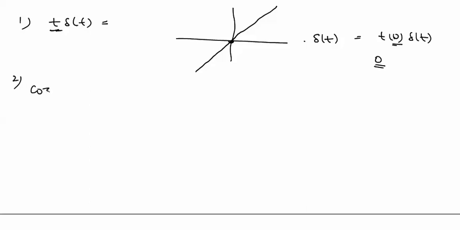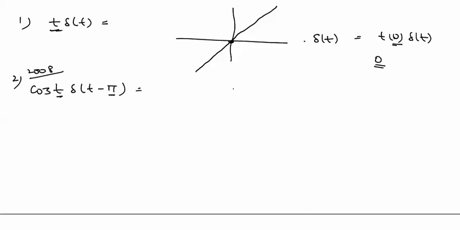This question came in the DRDO paper 2008. Cos t del t minus pi. What will be the result of this expression? If an impulse is multiplied with some signal, the strength is governed by the impulse location.